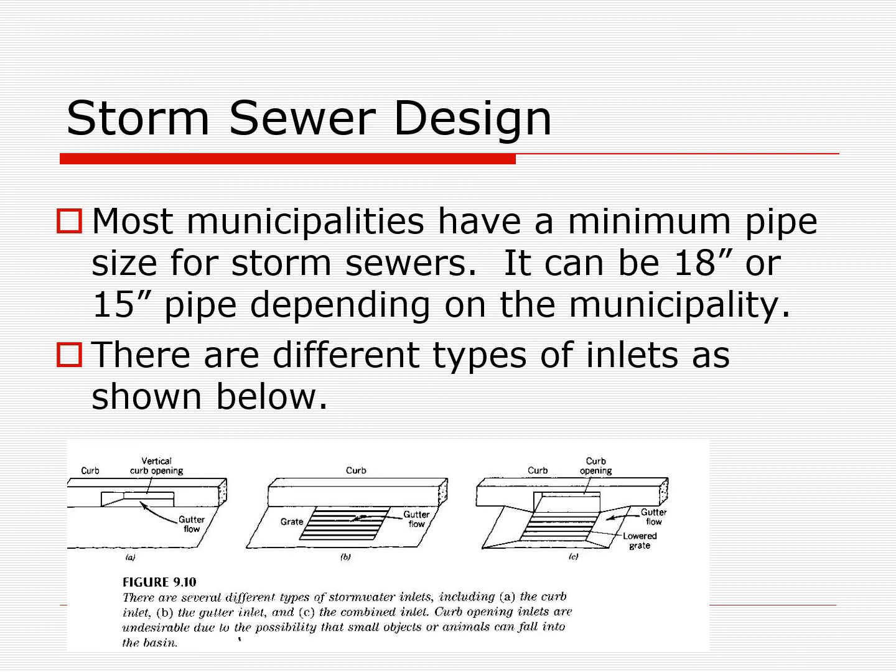There are different types of inlets as shown below. I guess different municipalities like to use different types. Around here, most common is the one on the right, which is called a combined inlet, where there is a curb inlet and then also a grate.